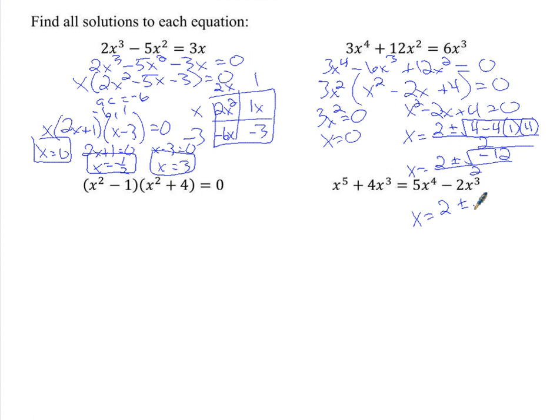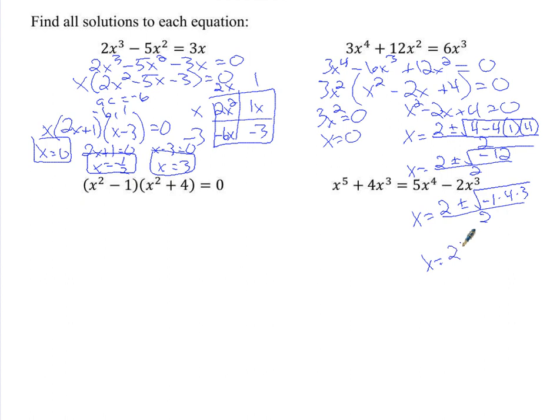What does the square root of negative 12 simplify to? Maybe we need to review how to do the square root of negative 12. This would be the square root of negative 1 times the biggest perfect square that goes into 12, which is 4 times 3, all divided by 2.